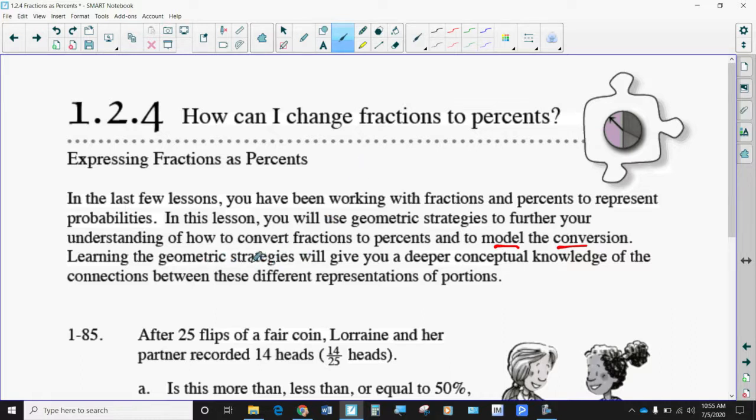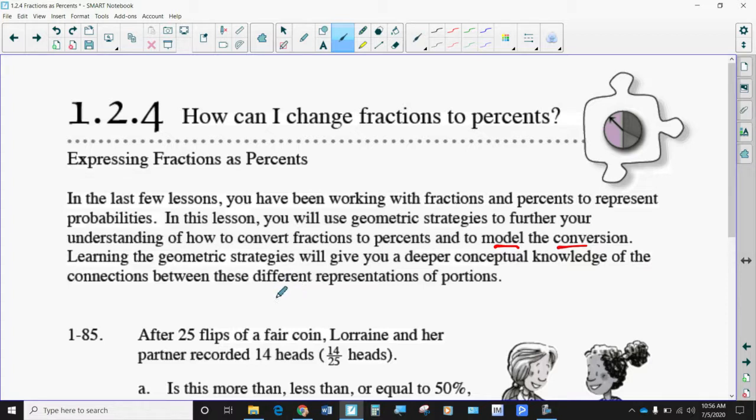Geometric strategy, I guess, is the CPM term for using manipulatives where you're drawing pictures of some kind. You know how you can take rectangles and break them up into equal parts to represent fractions. If you shade in 2 of the 5 equal parts, you're using a rectangle to illustrate a fraction concept. That's what we're talking about here. Learning geometric strategies will give you a deeper conceptual knowledge of the connections between these different representations of portions.